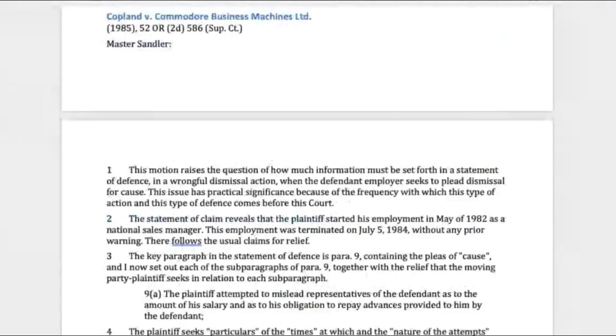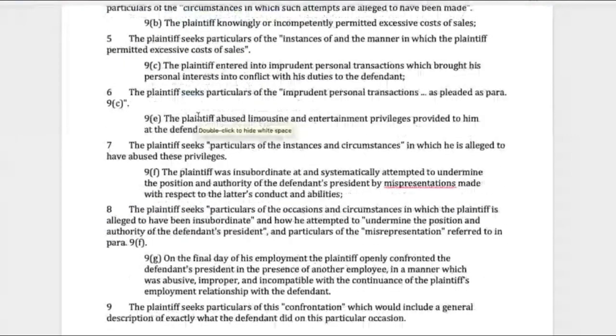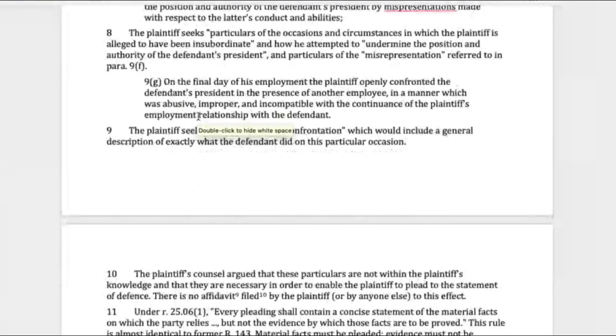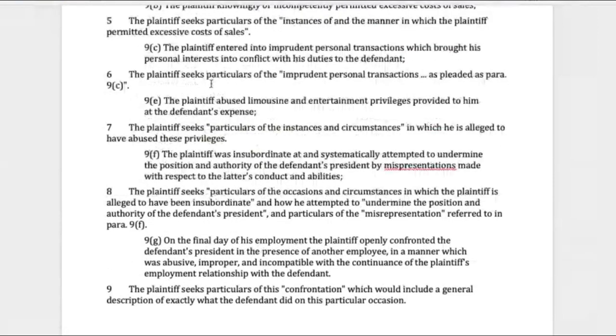So I think these are good ideas to look at paragraph 3 and paragraph 9 of this, where we see, so paragraph 3 onwards, we see all of the things that Commodore said he did wrong, abused limousine and entertainment privileges, and the plaintiff seeks particulars of when he abused these privileges.